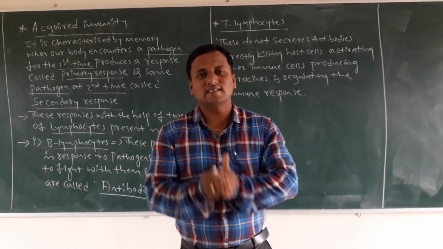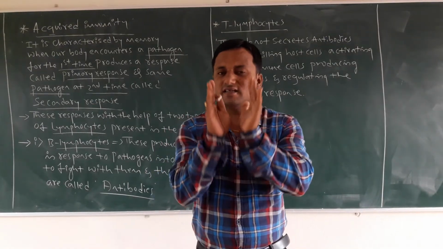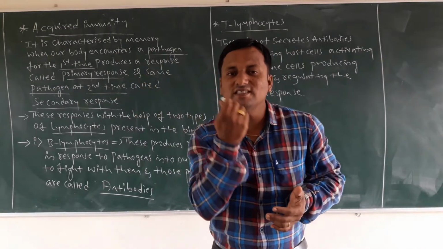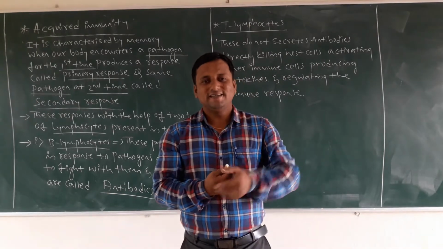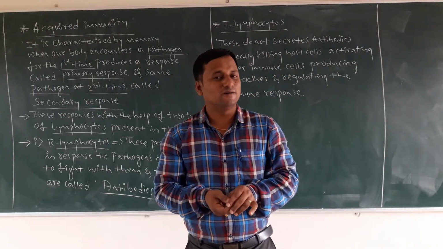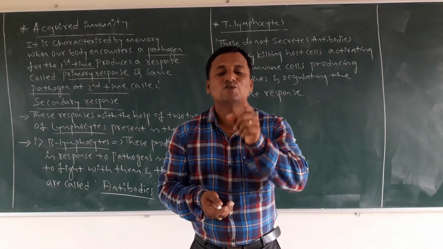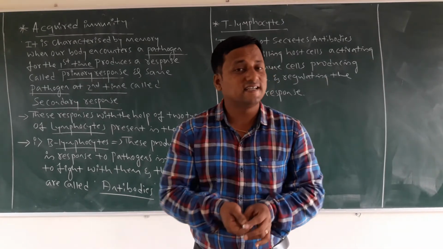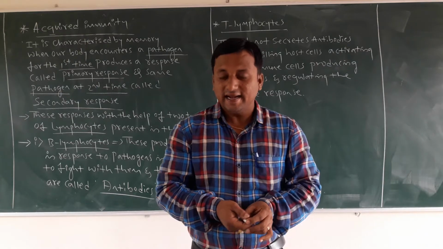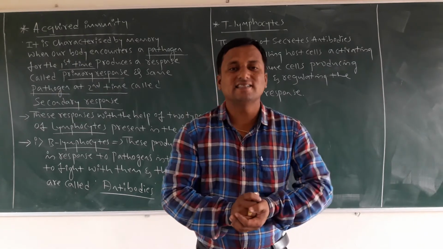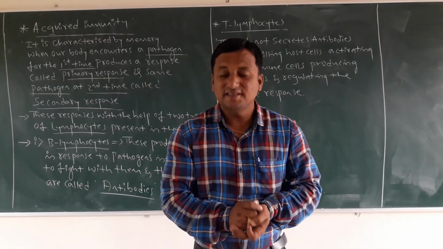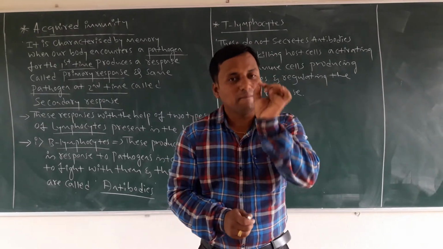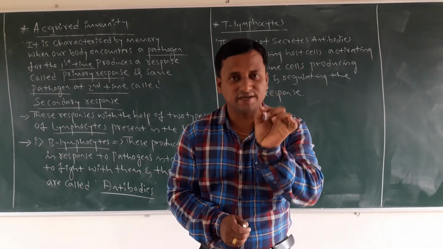Why are they called soldiers? Because they defend against the pathogens which enter our body. Due to that, WBCs are called soldiers of the body. They are also called leukocytes. And next, natural killer cells, NK cells. These are also a best example of cellular barriers in innate immunity.